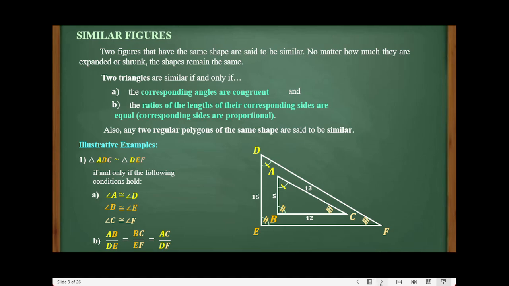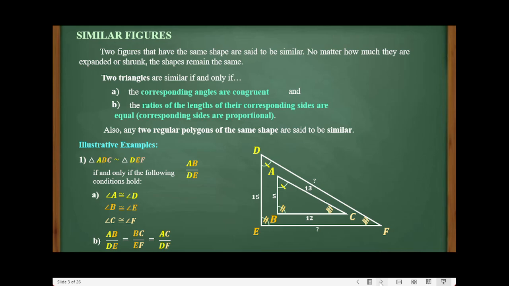You will notice that segment DE corresponds to segment AB, having a length of 5. So what we're going to do is to determine the length of the other two sides of the bigger triangle DEF. So, how do we compute for the lengths of those remaining two sides from the larger triangle?